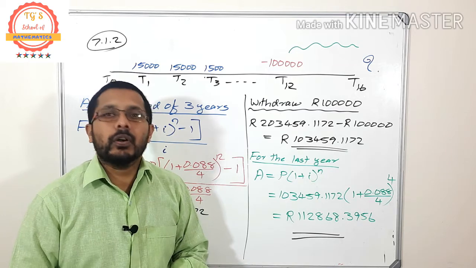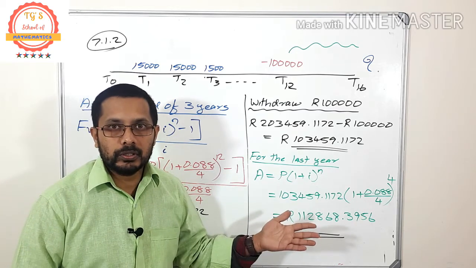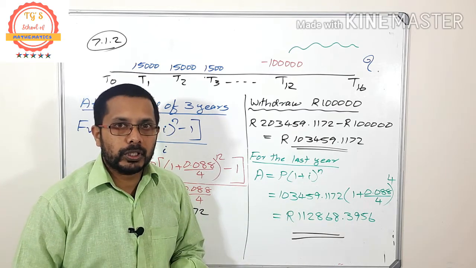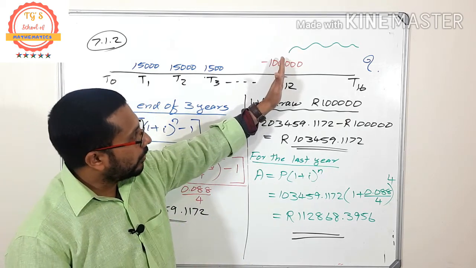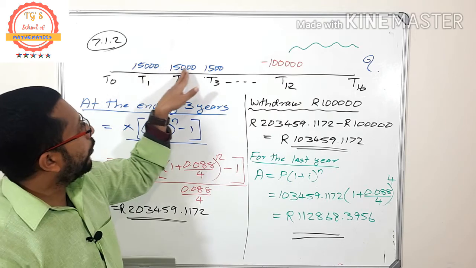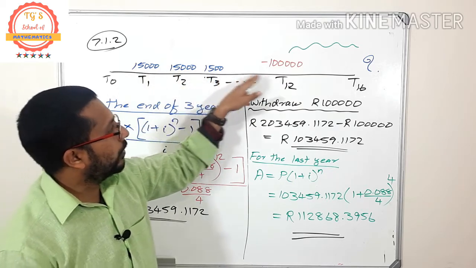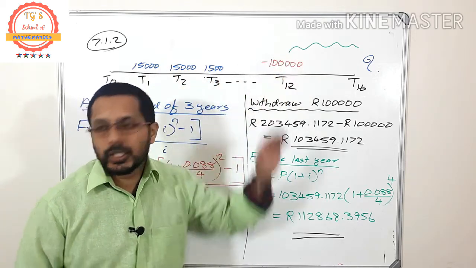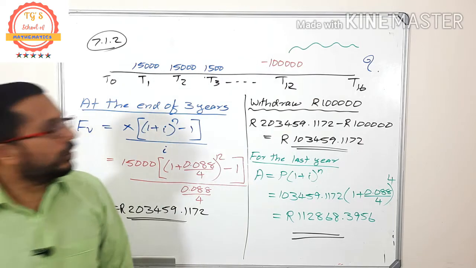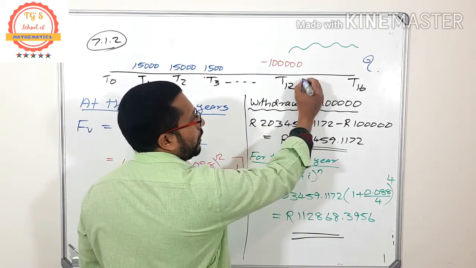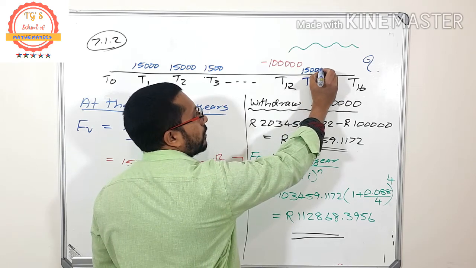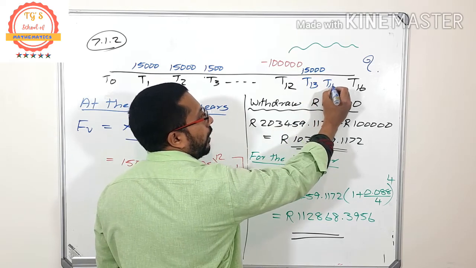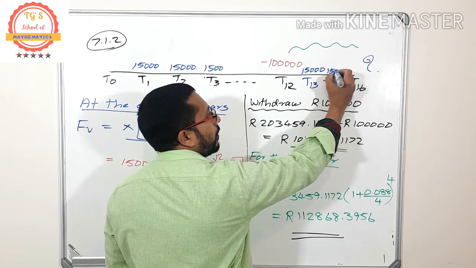No, it's not the final amount. Why is it not the final amount? Because here we are calculating for this amount at the end of 3 years. Okay, but after 3 years she is continuing paying. T13, how much she paid? Another 15,000. T14 she pays another 15,000.